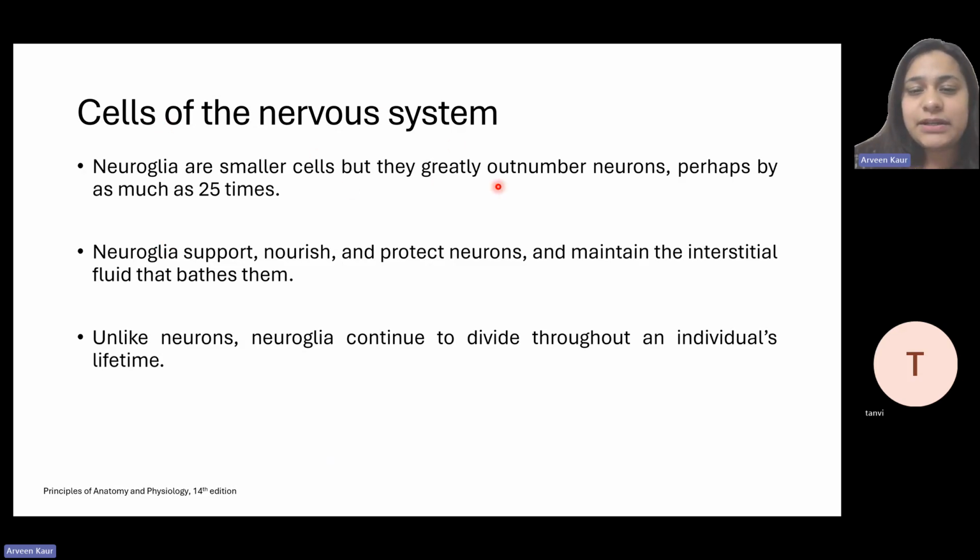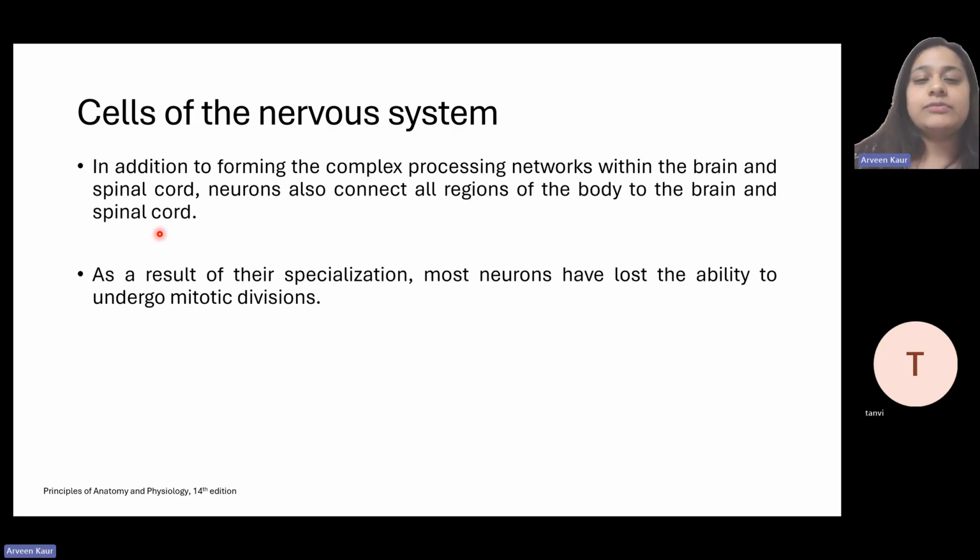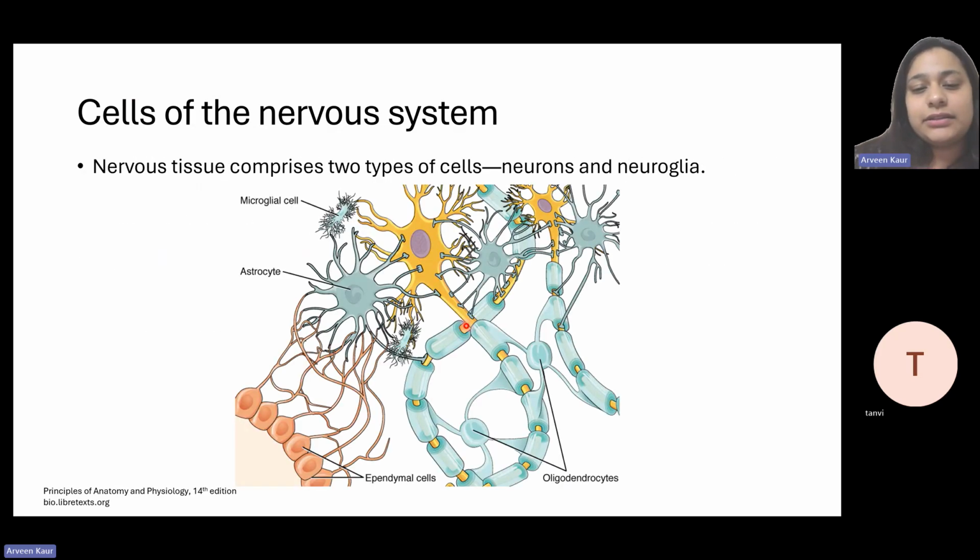They are smaller cells, but they greatly outnumber the neurons, perhaps by as much as 5 times. So neurons are bigger cells, as we could have seen in that earlier representation also. Glia are comparatively smaller, but they are much more in number, almost 25 times in number than the neuron.